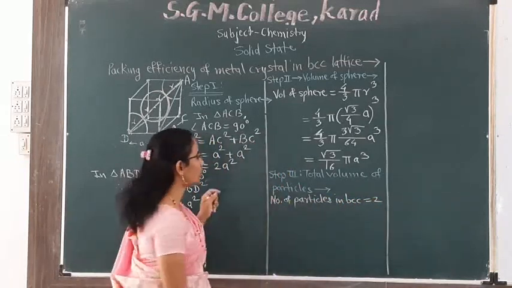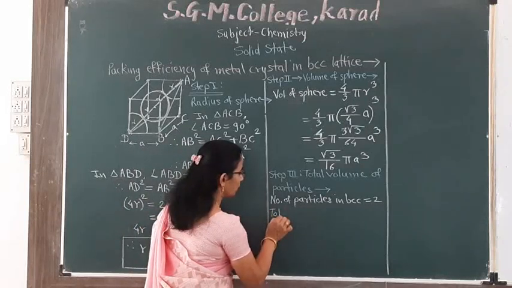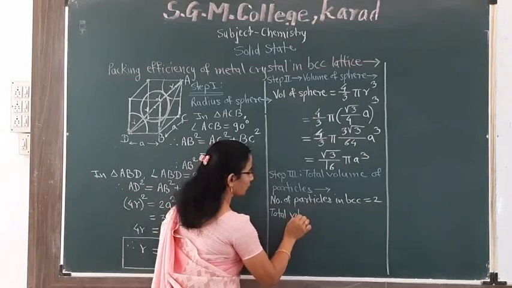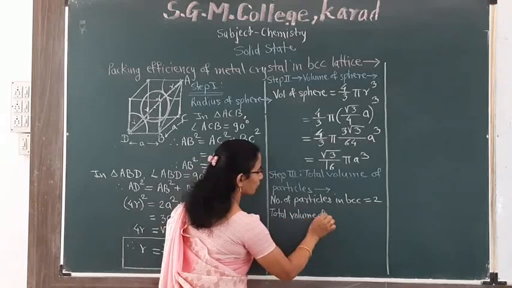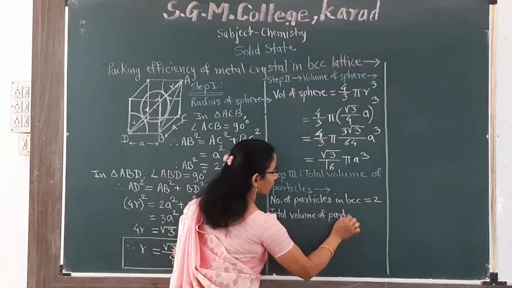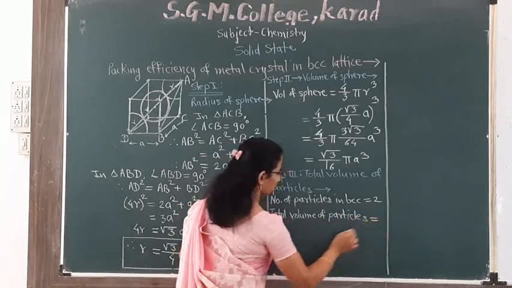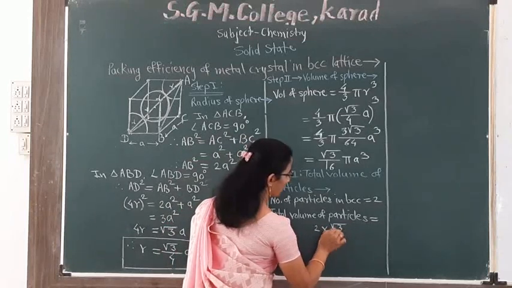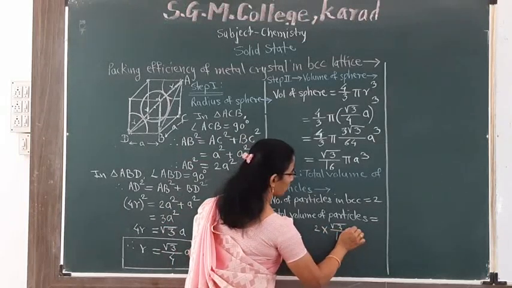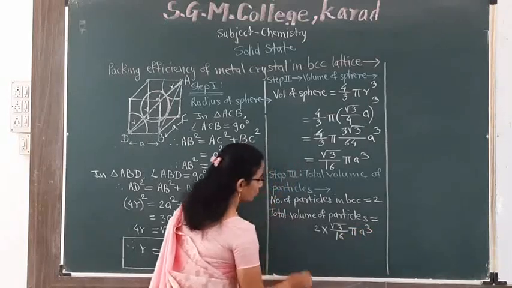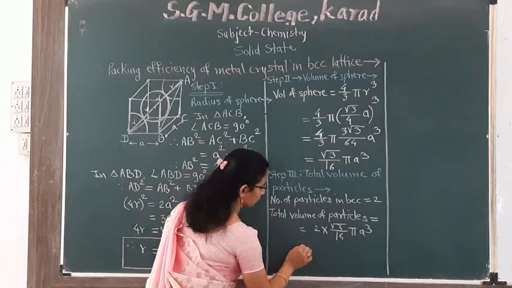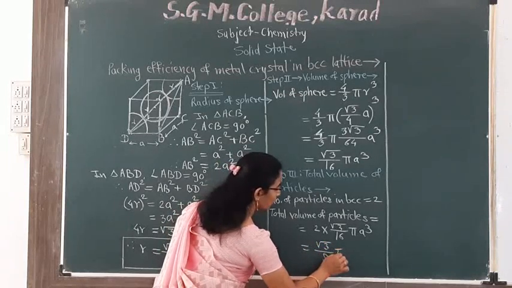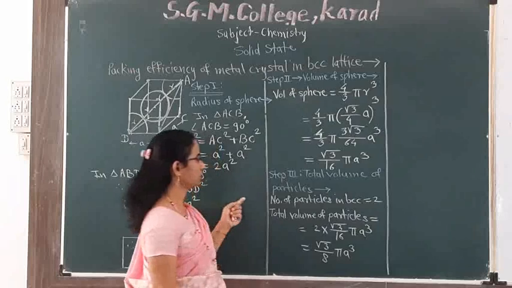So the total volume of particles will become 2 into volume of single sphere, multiplied by root 3 upon 16 into pi a cube. So you will get here root 3 upon 8 into pi a cube.